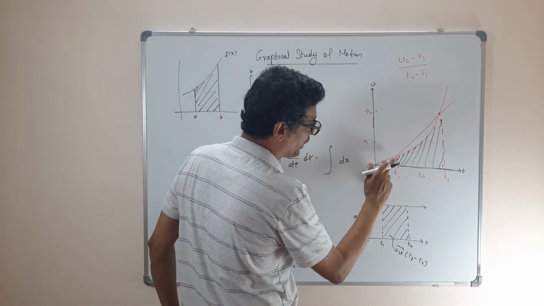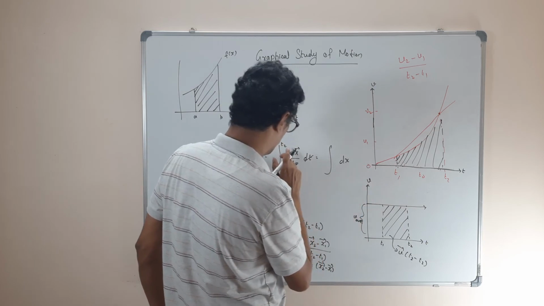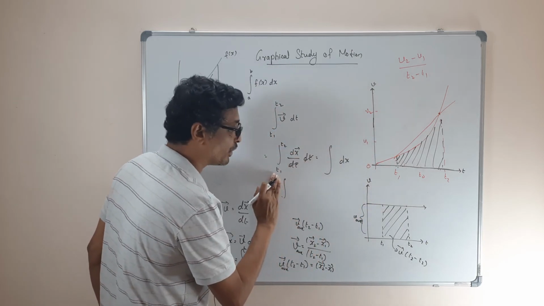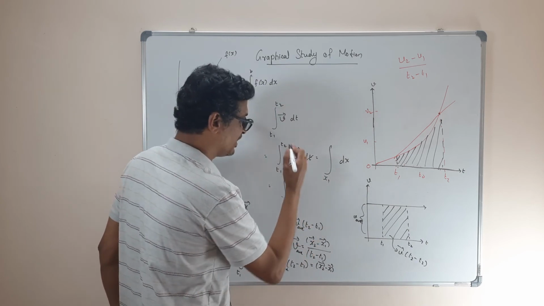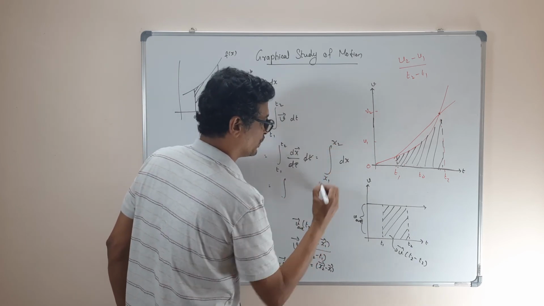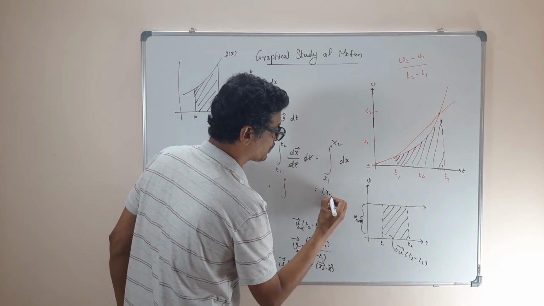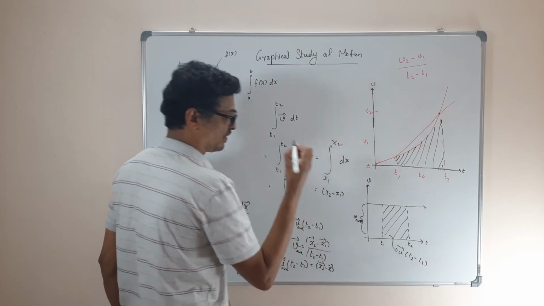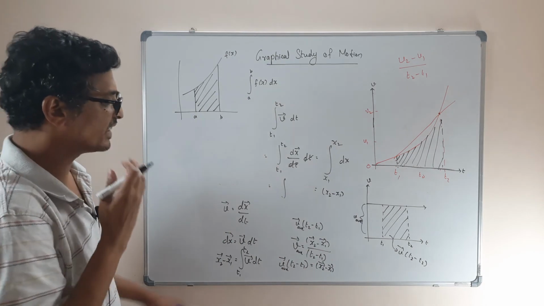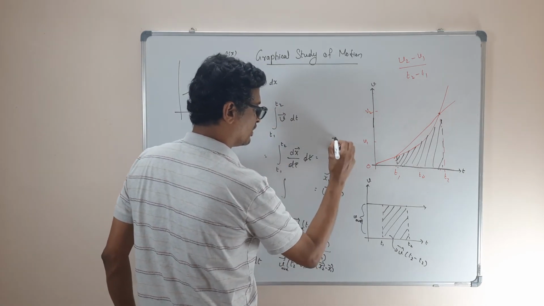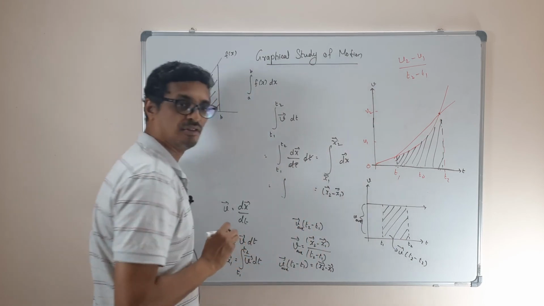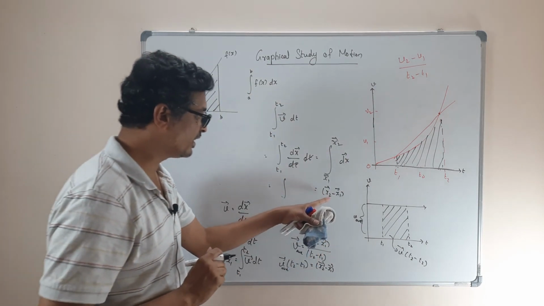At t1, the x will be x1, and at t2 it will be x2. So this is x2 minus x1. That's nothing but the displacement.